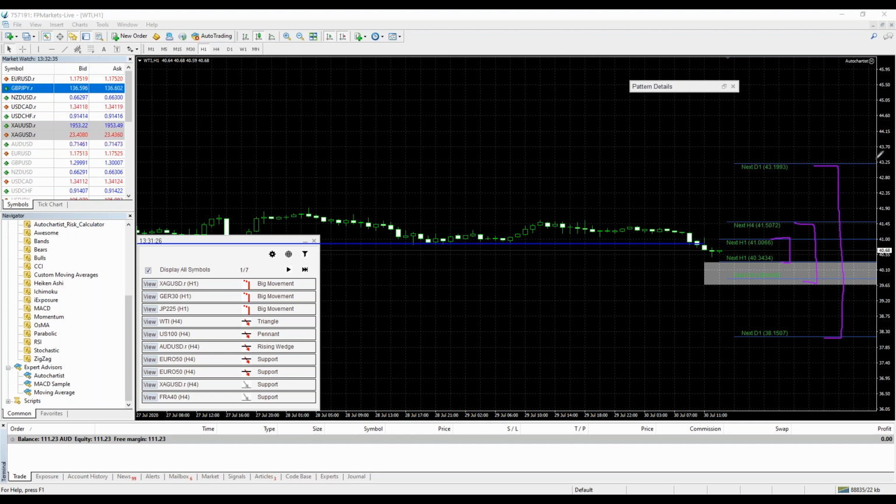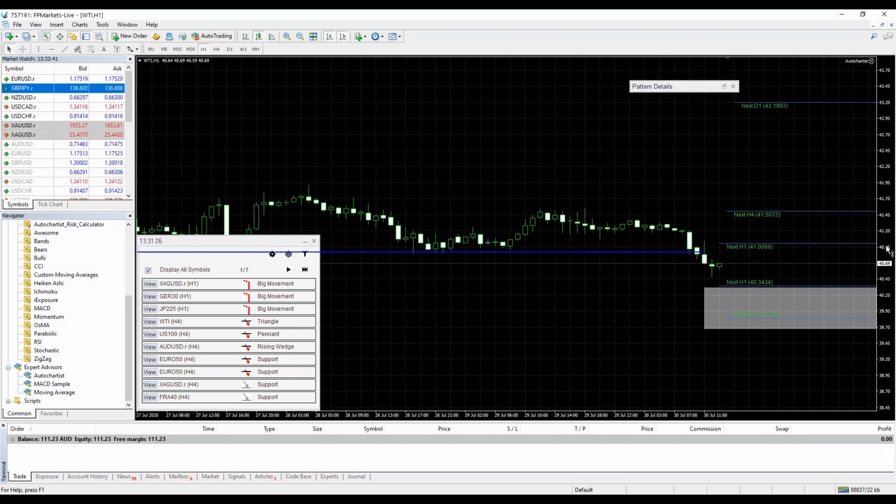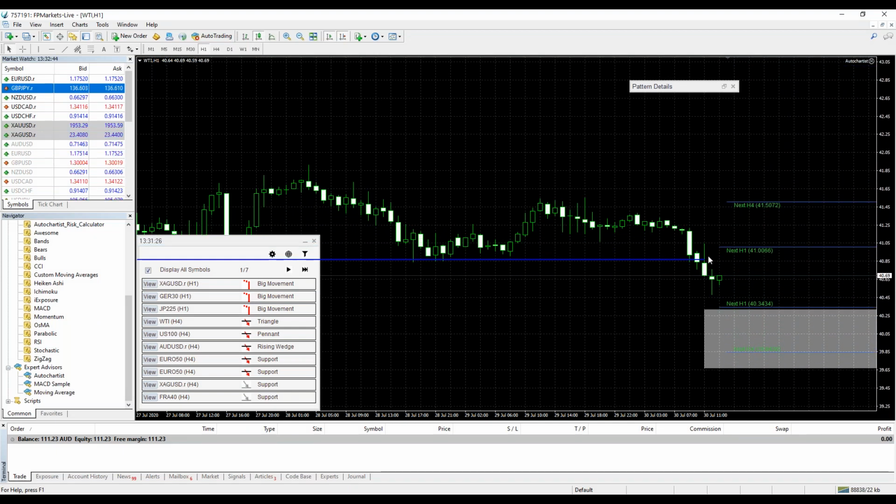So if I'm looking at some of these levels that I was looking at before, I can see, for example, that this consolidation level over here, the actual line over here and over here, would happen somewhere in the next hour to 2 hours, right? Over here would happen somewhere in the next 4 hours, right?